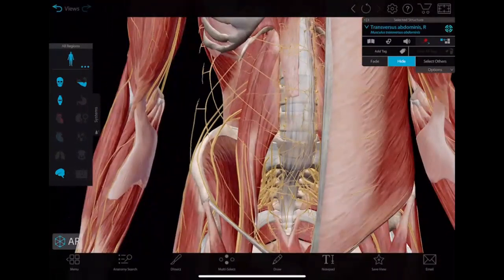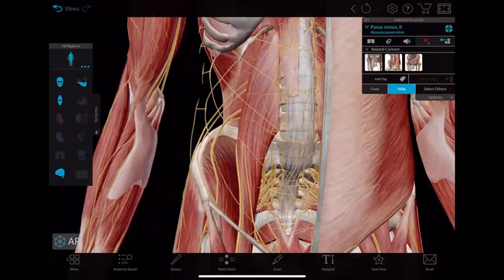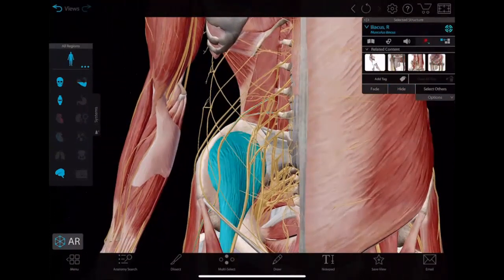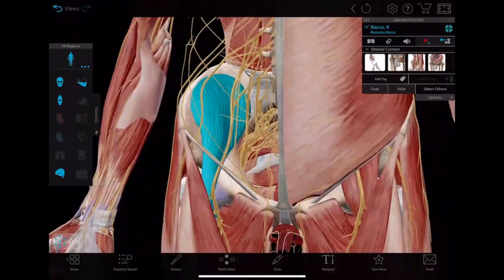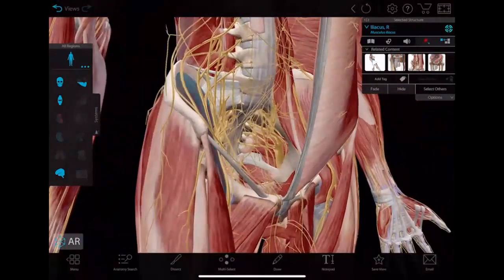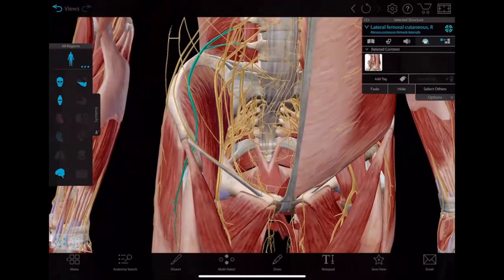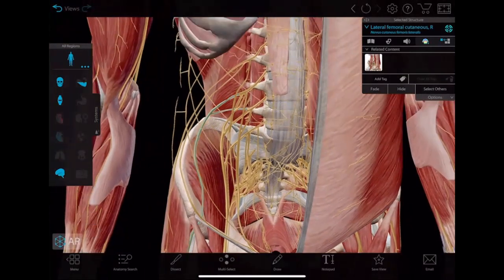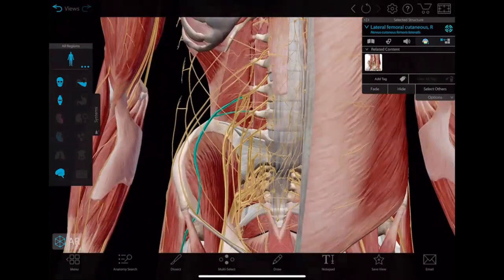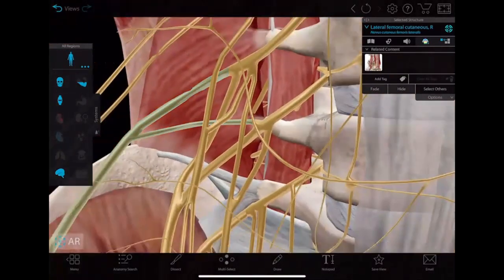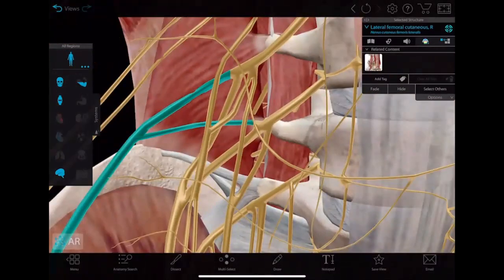This is the lateral femoral cutaneous nerve. This one is iliacus. So that is how it is related. Roots are from L2 and L3.